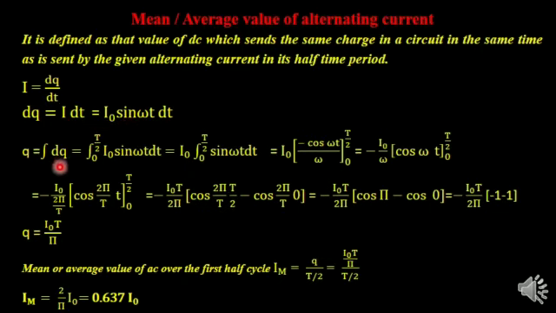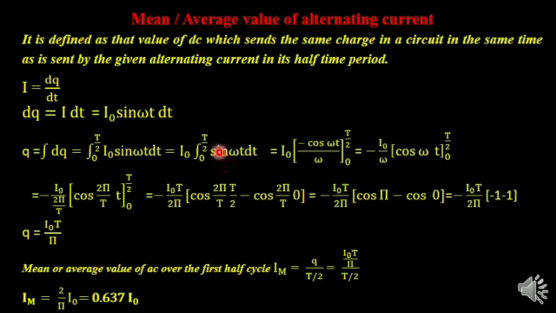So total charge flows in half cycle is q equals integral dq equals integral limit 0 to T half I0 sin omega t into dt. Since I0 is constant, q equals I0 integral 0 to T half sin omega t into dt.